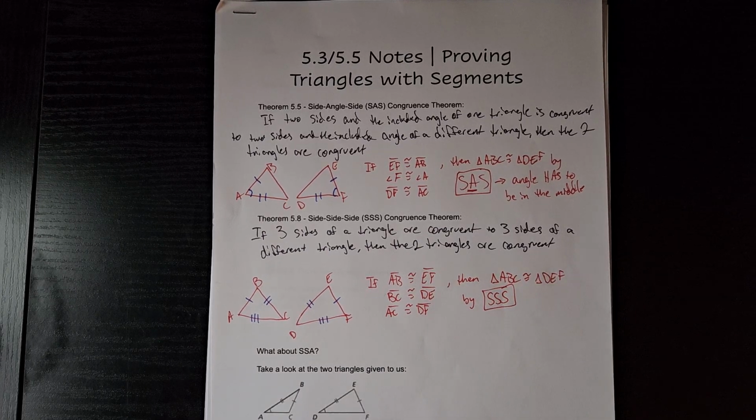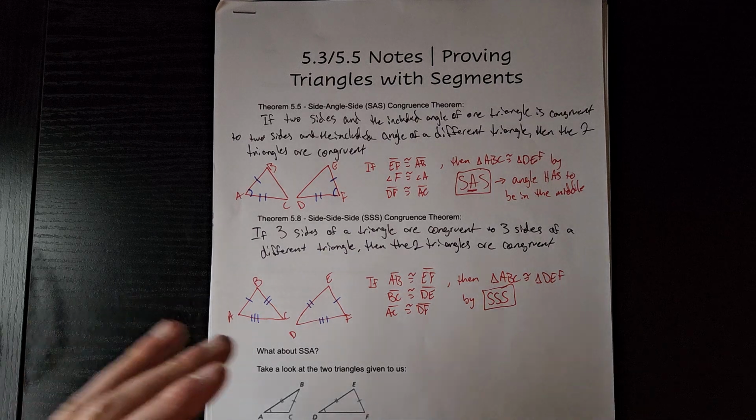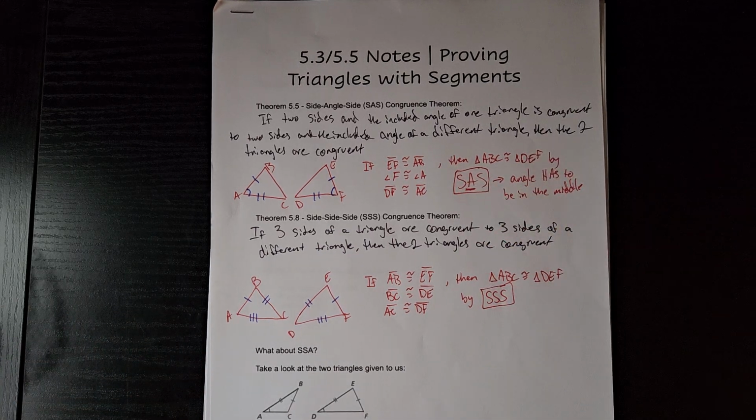This is another shortcut to proving triangle congruency. So if all my sides are congruent on both triangles, then I can say that the whole triangles themselves are congruent with each other. It's a shortcut. These two are our side shortcuts that we are learning in class.